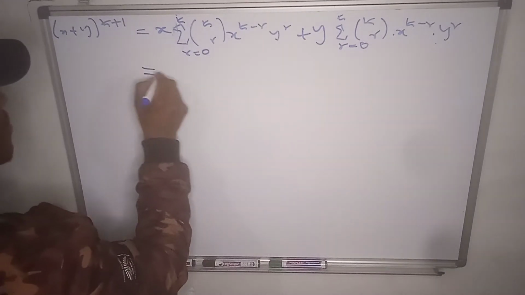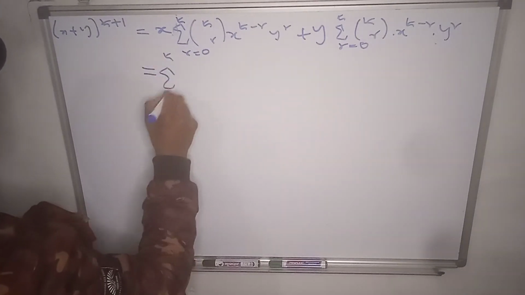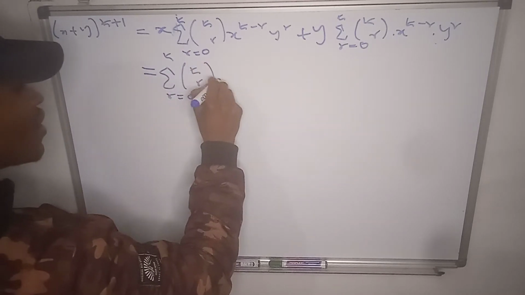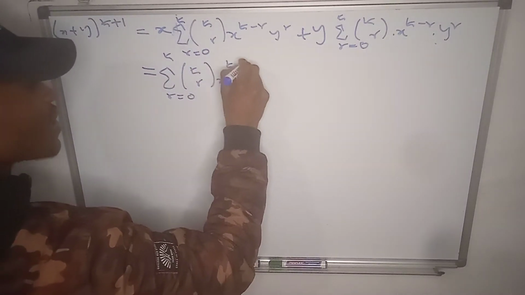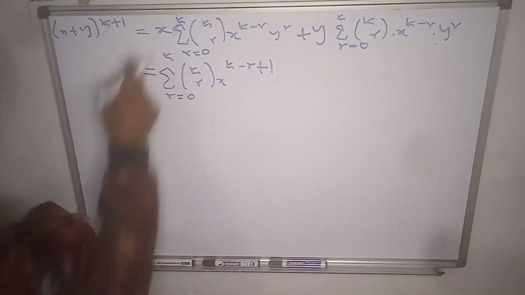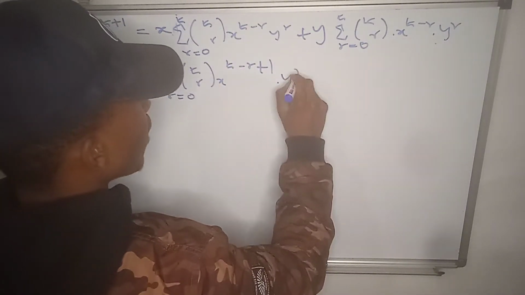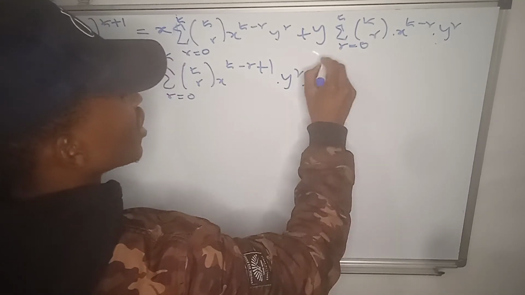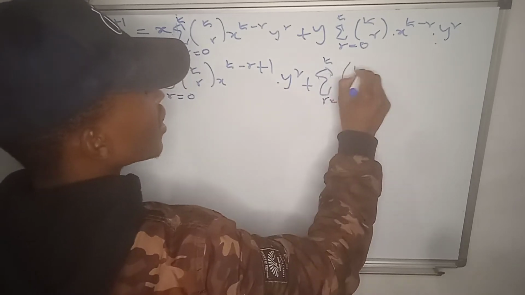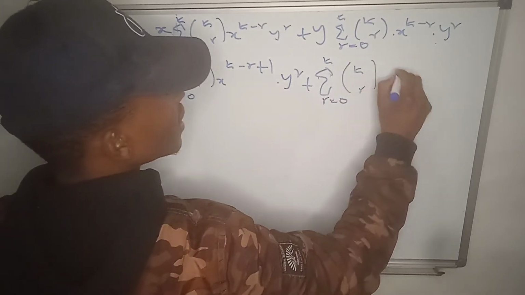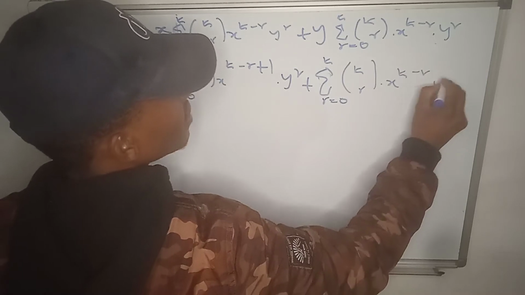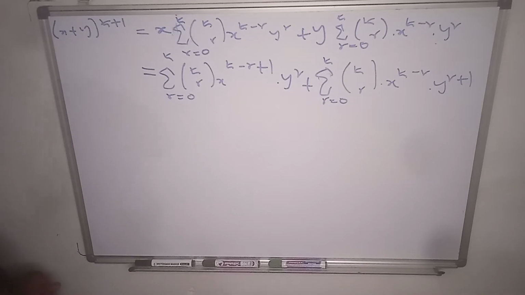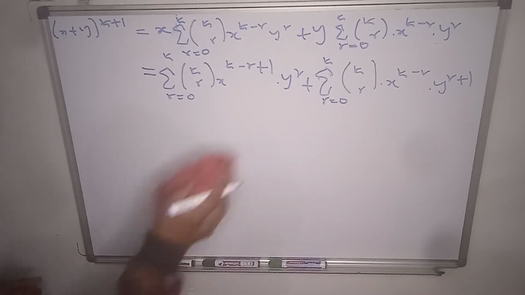So this will be the same as the summation of r equals 0 to k, k combination r, x^(k-r+1), because we multiplied by x, times y^r, plus the summation of r equals 0 to k, k combination r times x^(k-r) times y^(r+1), because we multiplied by y. So this is what we are going to have.